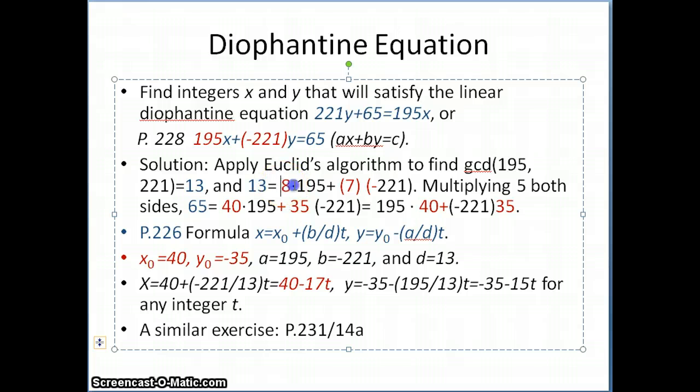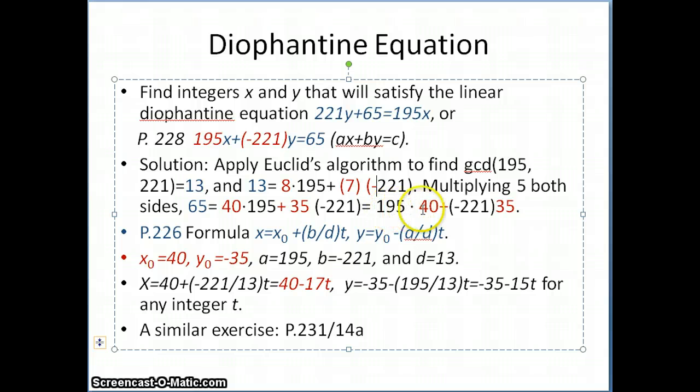On the right side, when we multiply by 5, we try to keep the original numbers 195 and negative 221. So we multiply 8 by 5, we get 40, and we multiply 7 by 5, we get 35. And to make it look like the original equation, by the commutative property, we can switch 40 and 195.